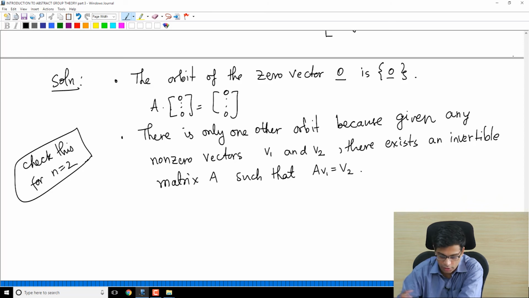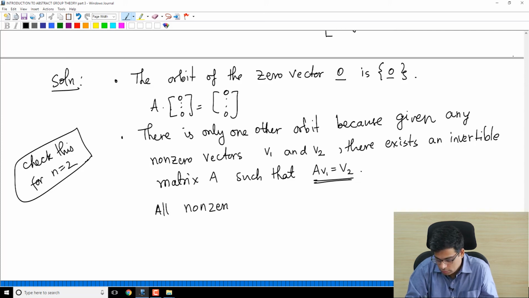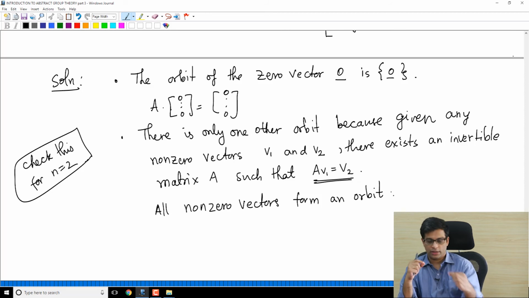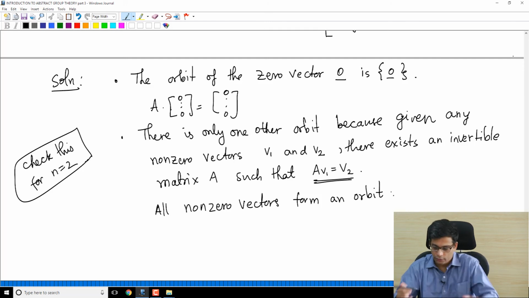You can easily cook up a matrix which achieves this, given v1 and v2. That means all non-zero vectors form an orbit. Is that clear? Because I am saying that given any two non-zero vectors, there is a matrix which sends one to the other. In other words, any two non-zero vectors are equivalent. So all non-zero vectors together form an orbit.